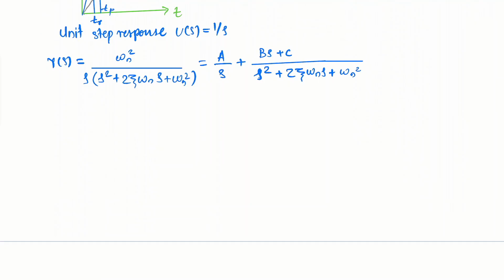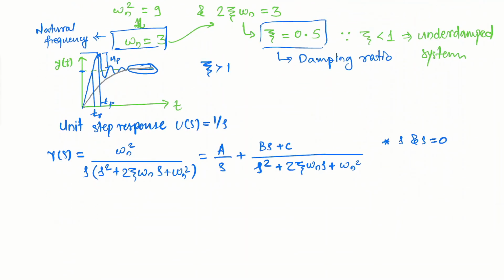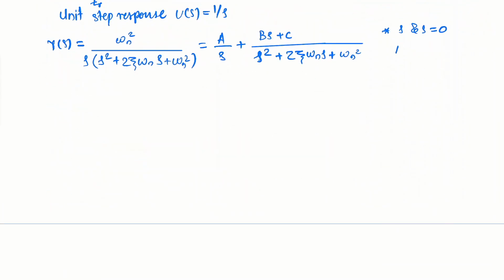So if we multiply on both sides by S and substitute S equals 0, we would get an expression for A. So let's substitute S equals 0. This first S would get cancelled, and substituting S equals 0 in the rest would lead us to omega n square over omega n square, which is equal to 1. So we got the value for A, that is 1.